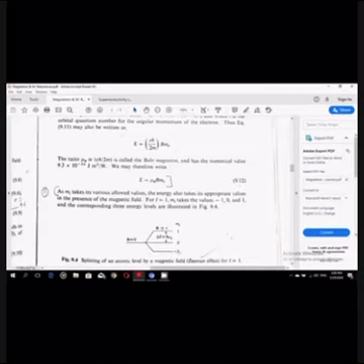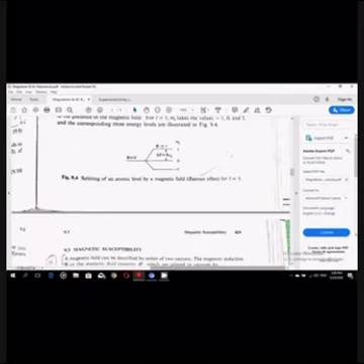Now mind you, this splitting into 3 states only occurs when the magnetic field is applied. When there is no magnetic field, that is B equal to 0, we have only one state. This splitting of an atomic level by a magnetic field is the famous Zeeman effect.